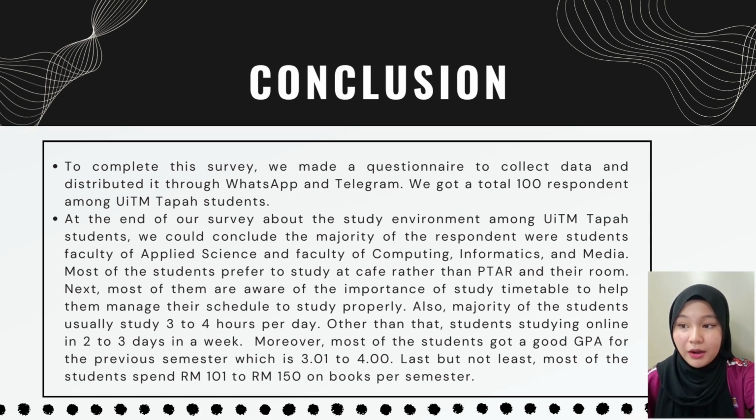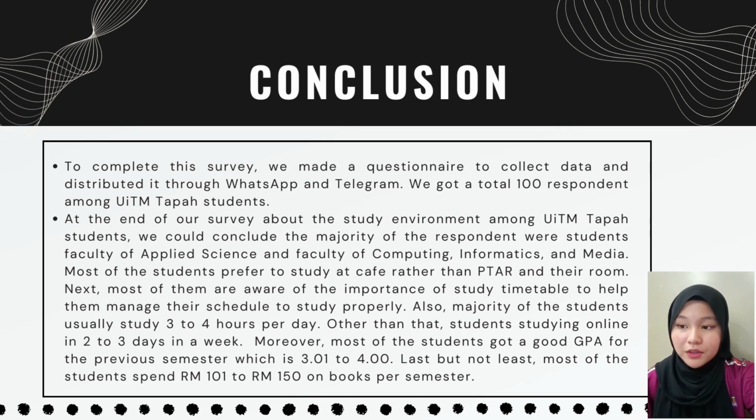Next, most of them are aware of the importance of a study timetable to help them manage their schedule to study properly. Also, the majority of the students usually study 3 to 4 hours per day. Other than that, students study online 2 to 3 days in a week.